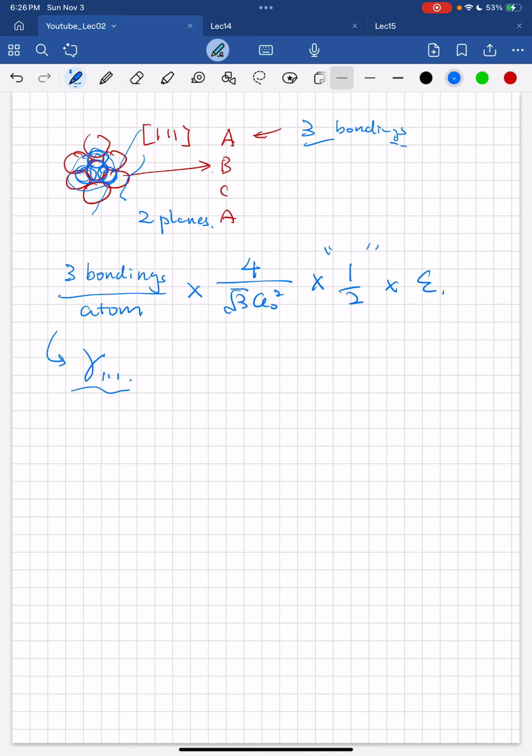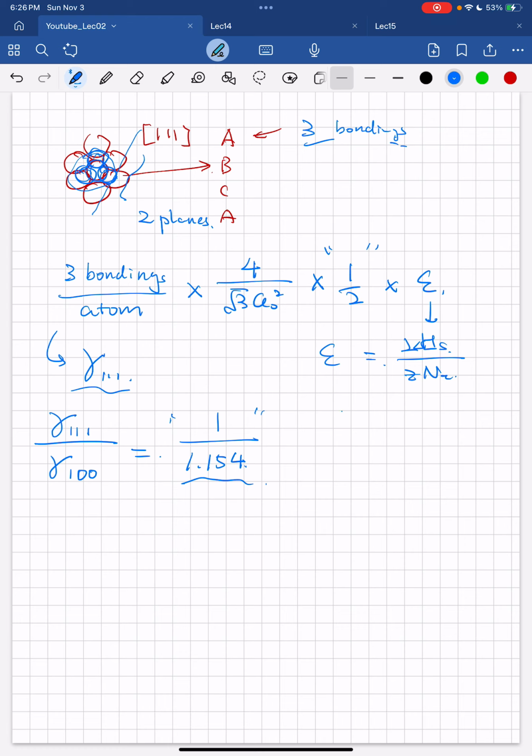And if you compare the surface energy of 111 and 100, you'll realize that it is 1 over 1.154. So if you plug 2 in for the bond count, that's equal to this, right? You'll get this.